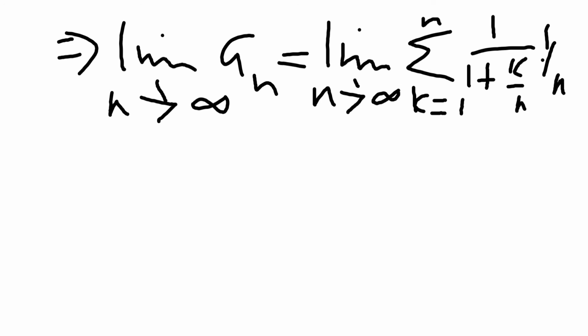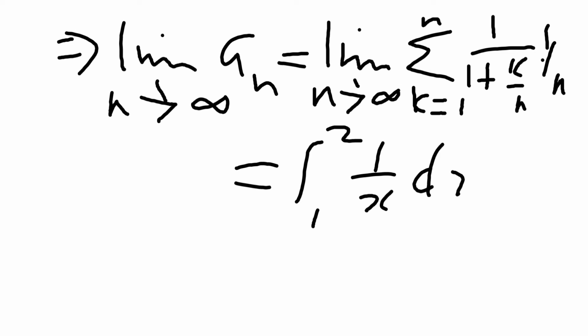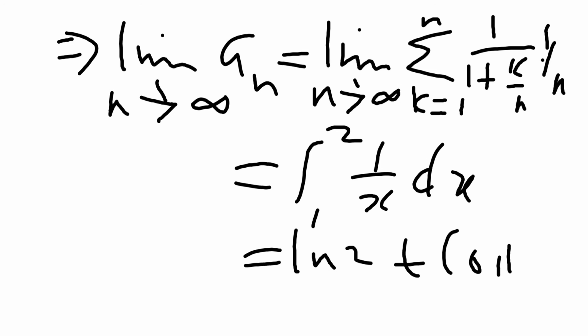But what is this? This is nothing but the integral from 1 to 2 of 1 over x dx, and this is equal to ln 2. Of course, ln 2 is in 0, 1. Remember, all the terms of this sequence are greater or equal to 0, and 1 is an upper bound. So the supremum of this sequence is ln 2.